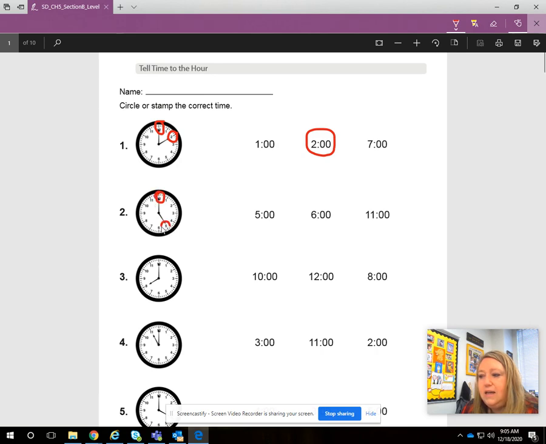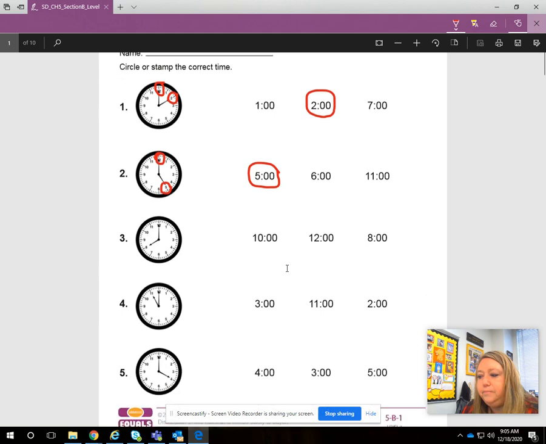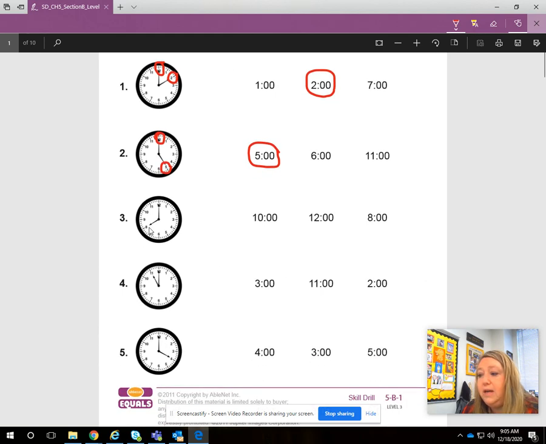The little hand is pointing to the 5. So this one is 5 o'clock. Number 3, the little hand is pointing on the 8. So it is 8 o'clock. Number 4, the little hand is pointing on the 11. That makes it 11 o'clock.